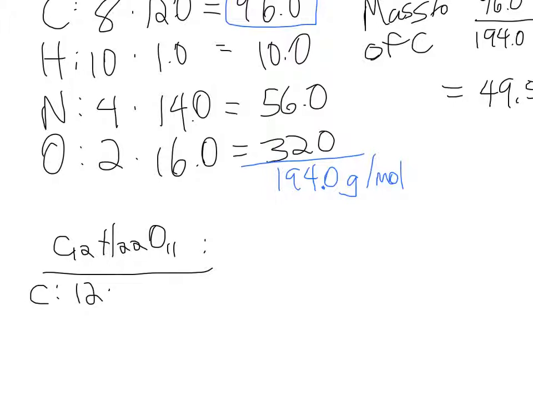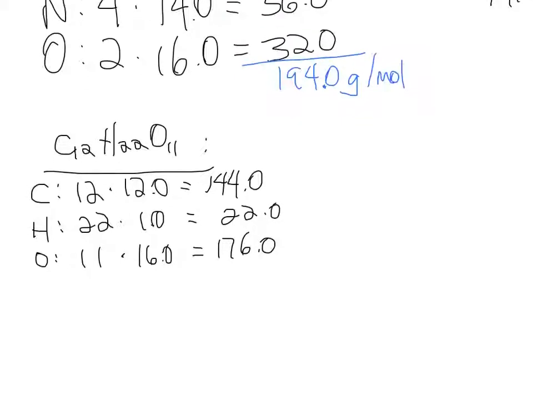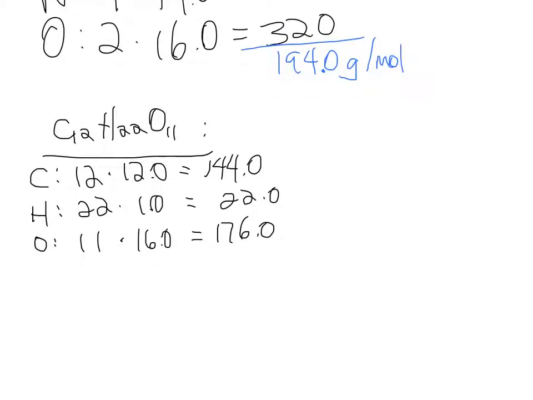There's 12 atoms of carbon, each of which has an atomic weight of 12, 22 atoms of hydrogen, and 11 atoms of oxygen. If you add all that up, it equals 342.